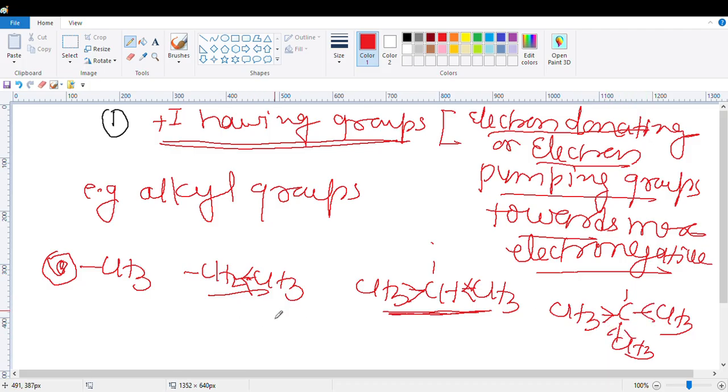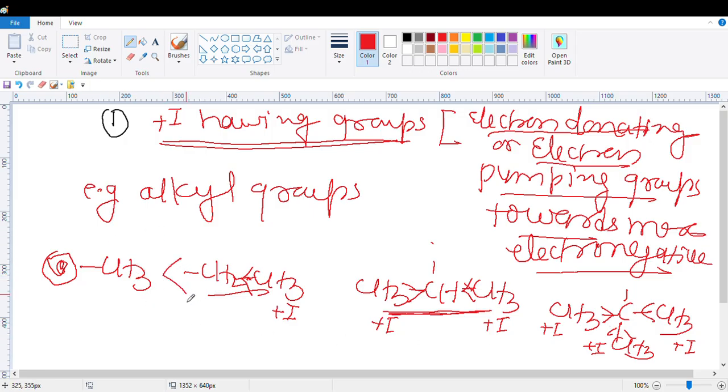So we can say that ethyl group has 1 plus I having group, isopropyl group has 2 plus I having groups, and tertiary butyl group has 3 plus I having groups. That is, the more alkyl groups bonded with the carbon to which a more electronegative atom is attached, the more will be the electron donating property or the plus I effect.